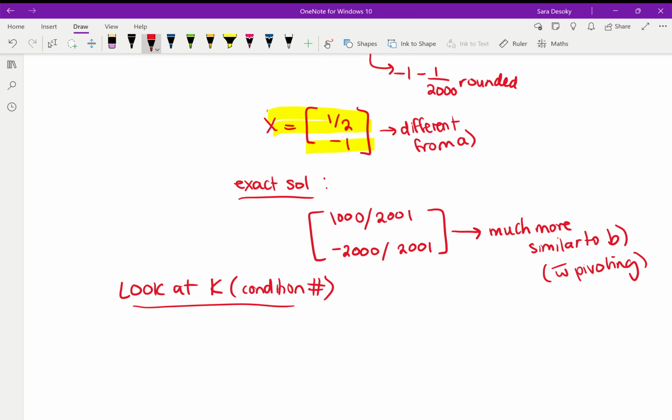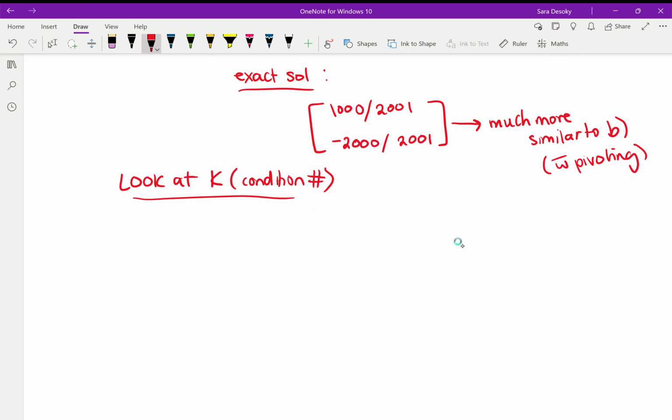This one, kappa is 500, so it's getting big already. Or if you like, its order of magnitude is 2, so we've lost 2 digits. And we're doing rounding to 3 digits, so you can see where the problem comes up. Next one, condition number is 3000.